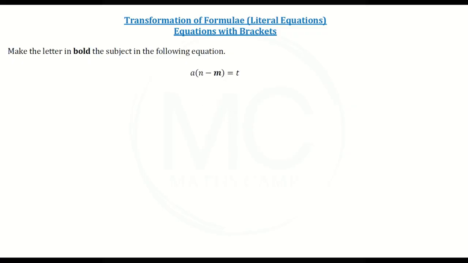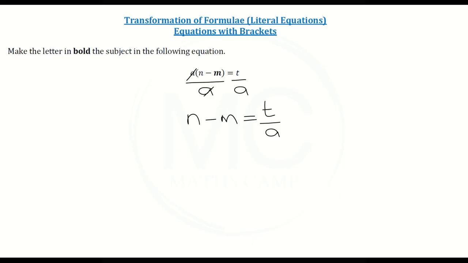Let's do another one. A multiplied by n minus m is equal to t. The bracket is multiplied by a, so let's get the bracket by itself by dividing both sides by a. We get t over a. On the left, the a's cancel, and we're left with n minus m is equal to t over a.